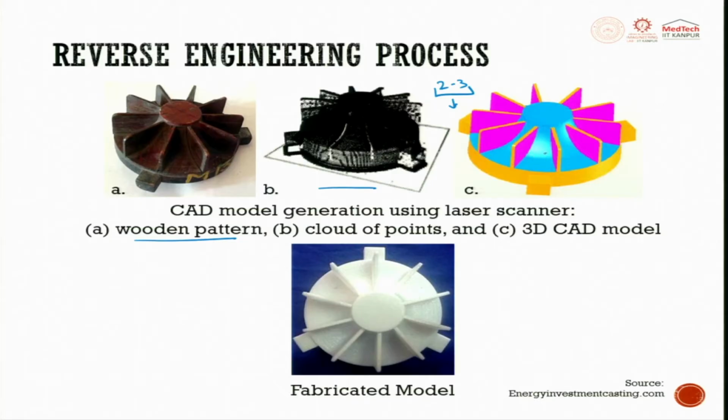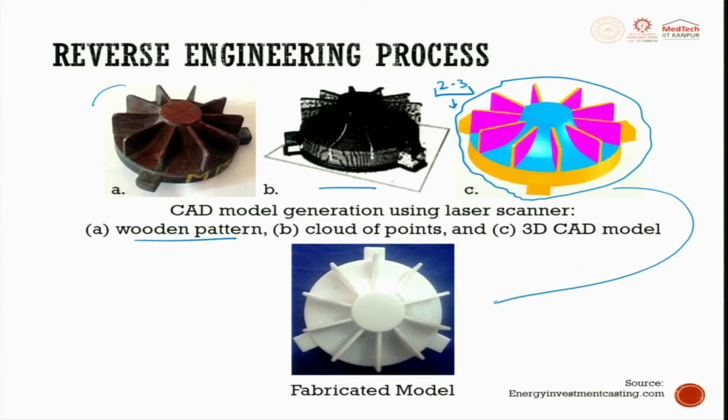The CAD model has the complete shape of the original pattern that we have, right? Now, this CAD model is 3D printed here. It could be 3D printed in polymer, in metal, in whatever material we require. In this case, this is a complete model.